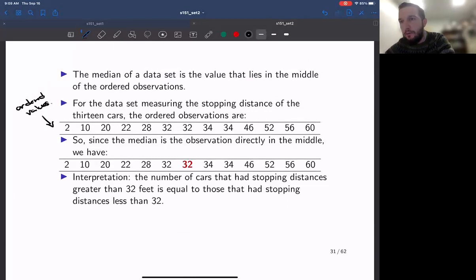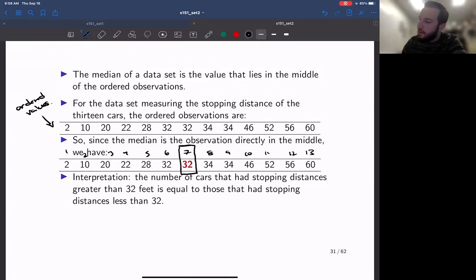We simply count the number of points. So we have 1, 2, 3, 4, 5, 6, 7. Okay, I'll just write it. 1, 2, 3, 4, 5, 6, 7, 8, 9, 10, 11, 12, 13. So we have 13 observations. The 7th observation is the middle point of the data because on each side of 7, you have 6 values.